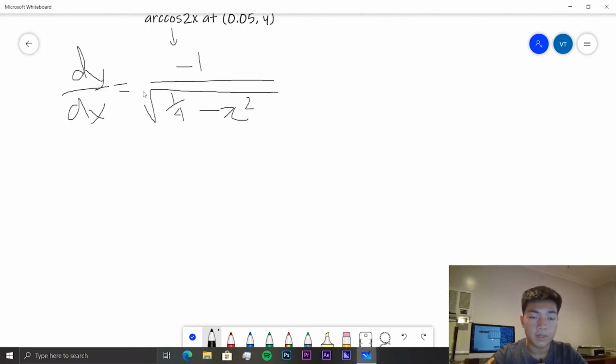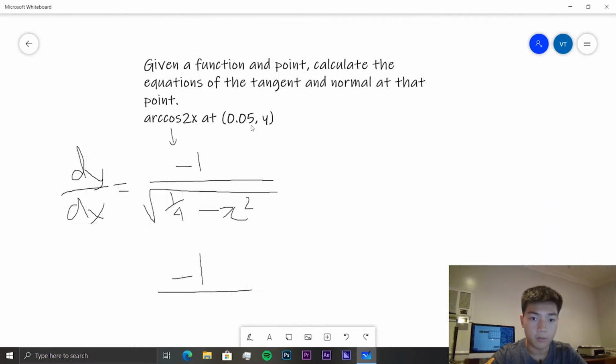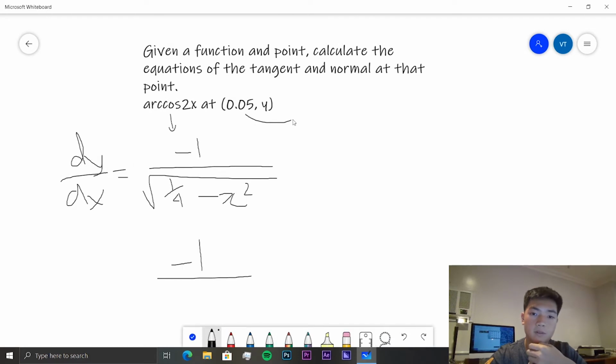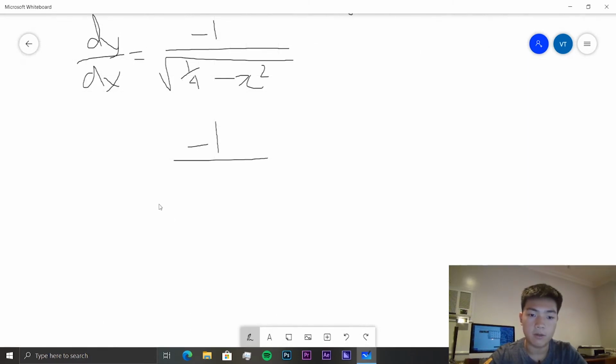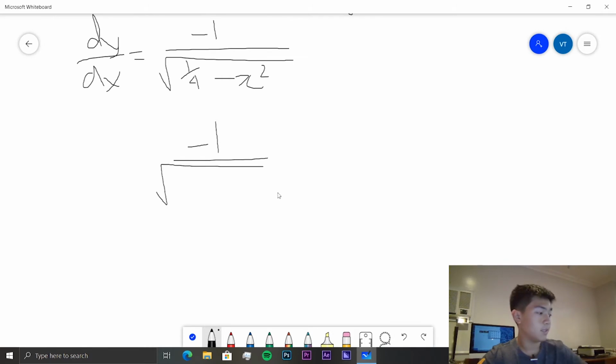So at this point, the gradient will be -1 over the square root of 1/4 minus 1 over 400, so that's equal to 99 over 400, I believe.